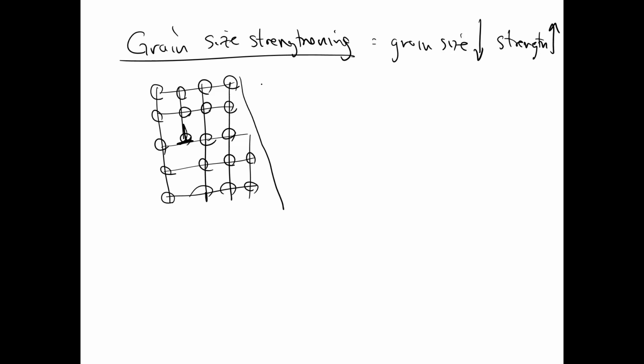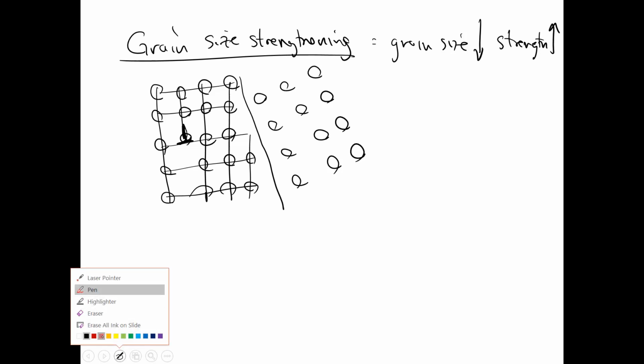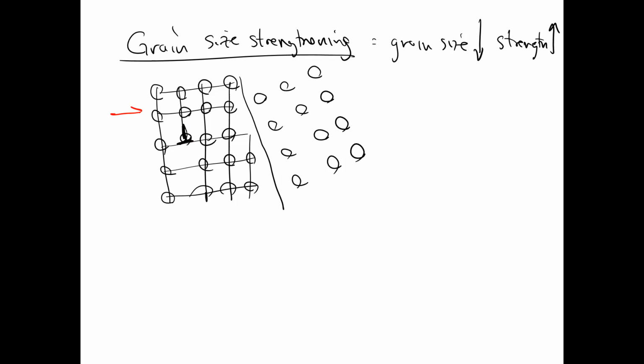And over on this side, we've got a crystal as well, but it has a different orientation. So we'll draw it like this. Remember, it's a shear stress that causes this dislocation to move.